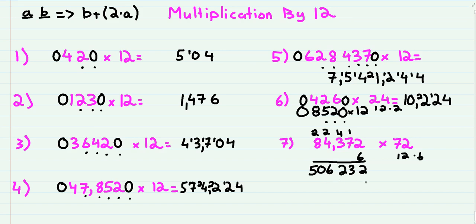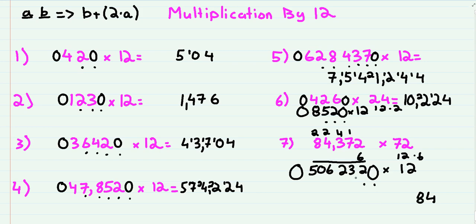Great. So now I'm going to multiply this number by 12, since I already multiplied the first number by 6. So I'm going to say times 12. Now I'm going to make my zero sandwich. Okay, and let's get the answer right here. So step 1, 0 plus 4 is 4. Done with that one. 2 plus 6 is 8.